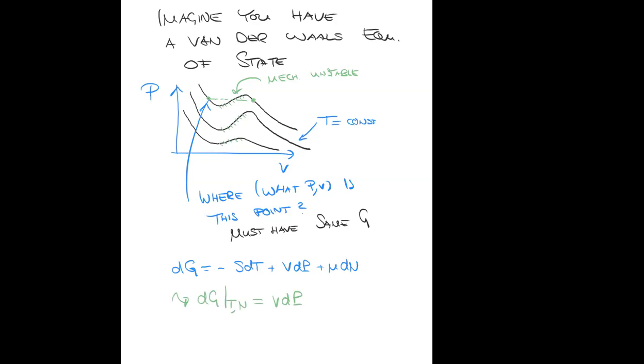So I can take this relation and now just integrate it. I just wrote down that dG at constant T, N is V dP, and I can integrate that. So I get the integral of dG is the integral of V dP, okay? If I integrate this from the two endpoints, the two endpoints are the G in the liquid phase and the G in the vapor phase.